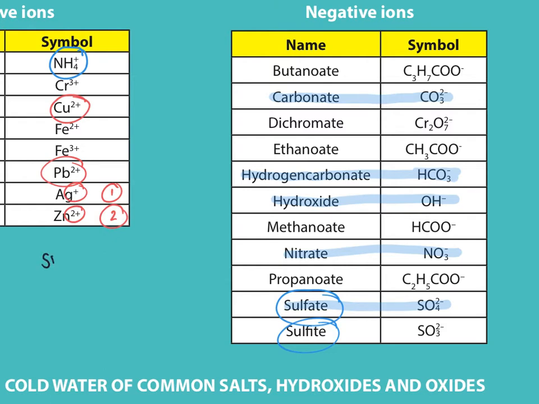Sulfide is just a sulfur atom that has become an ion, so it only contains sulfur. And sulfur is in group 2, so it will form an ion of charge 2-. But sulfate, that ATE part at the end, means that it contains sulfur and oxygen. The ATE means contains oxygen as well.